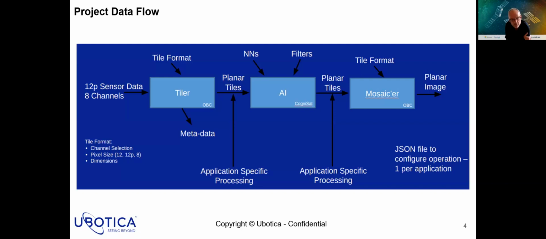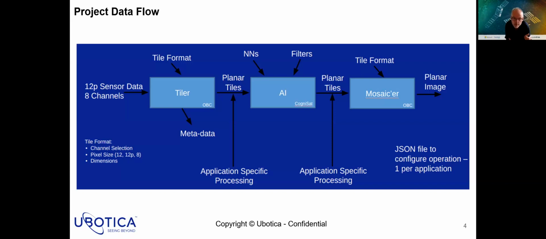And so the tiler will take this sensor data, extract the particular channels that are of interest, and construct tiles in a format that the model that's going to process the tiles will accept.